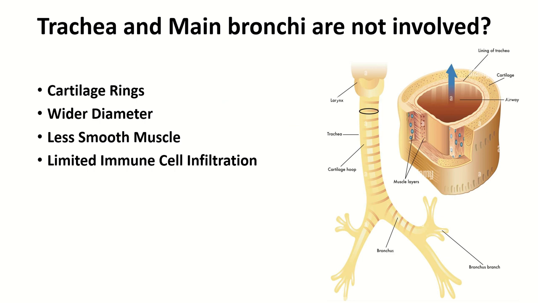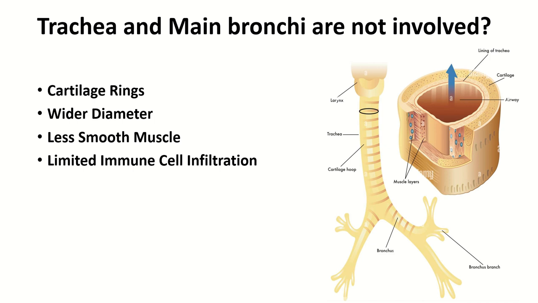Now, the question would be why the trachea and main bronchi, the bigger airways, are not involved. Here if you can observe this diagram, there is a C-shaped cartilage and the diameter is also quite big. So even though there is some inflammation and these muscles try to contract, it will not cause bronchoconstriction.